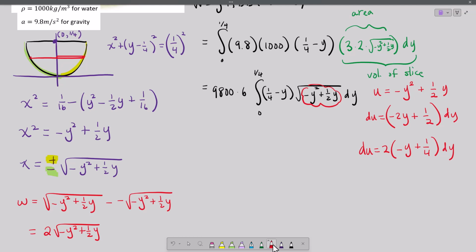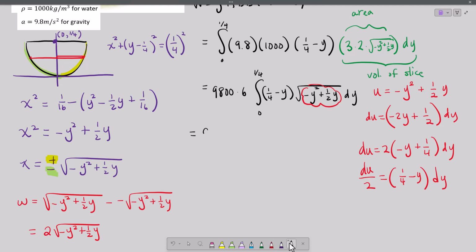So if we divide both sides of this by 2, we got it. And we can rearrange, the order doesn't matter with multiplication. We could write it as 1/4 minus y if we want it to match exactly. Commutative law of addition. So that's going to work perfectly.